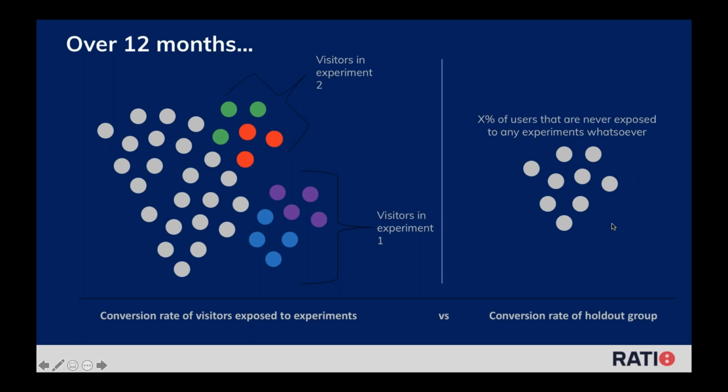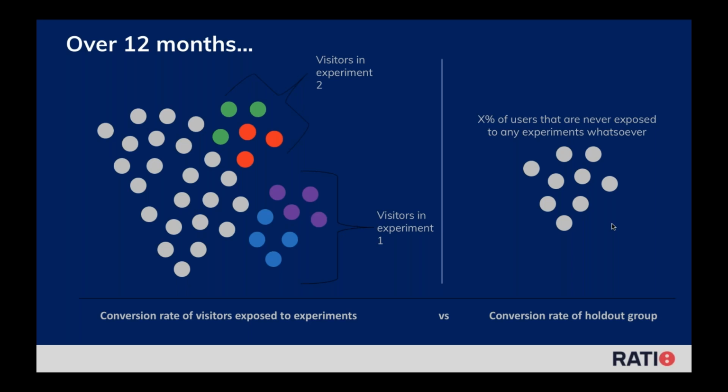This could be done via random allocation of a cookie value to a certain percentage of your visitors, and always excluding users with that cookie value from your audience test group when you're running experiments, or there could be other more technical ways that you go about doing it.